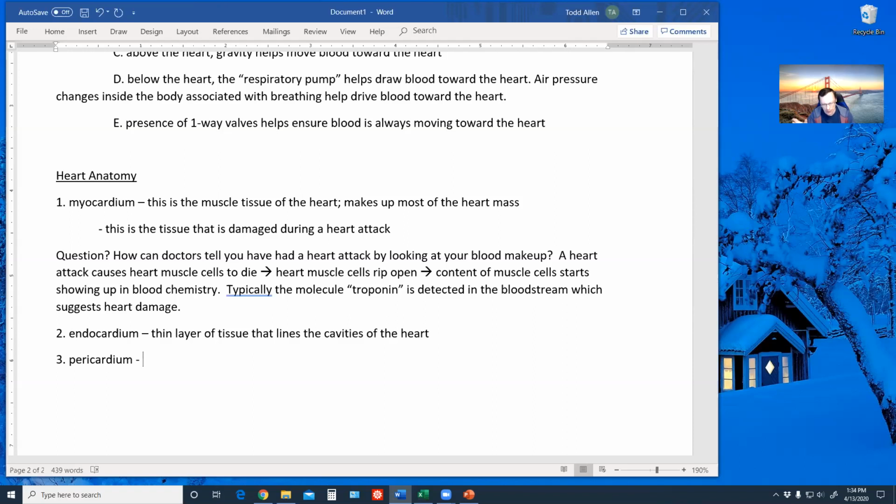But it's a triple layered sac made of connective tissue that literally holds the heart in its proper position in your chest cavity.